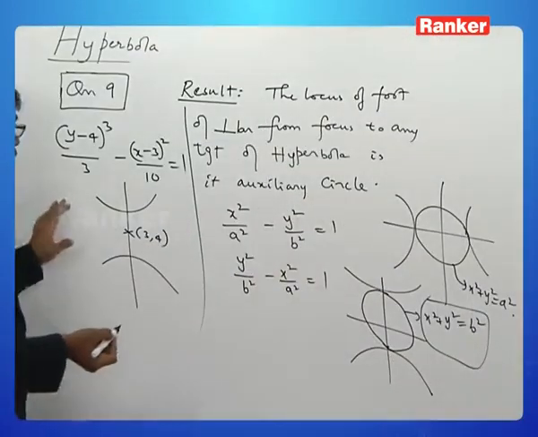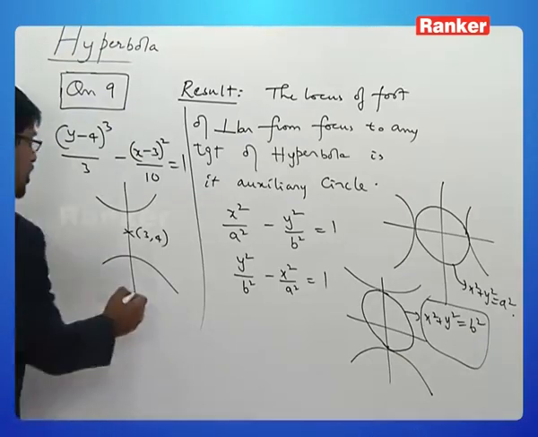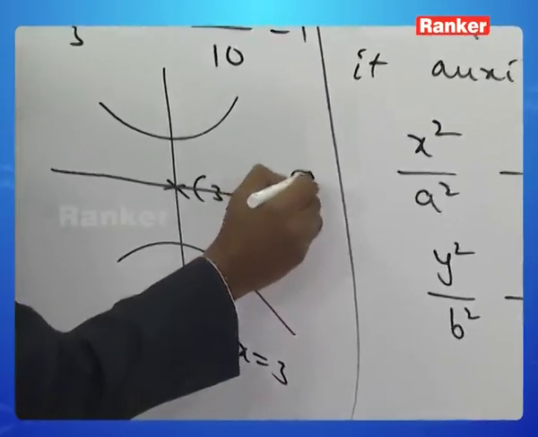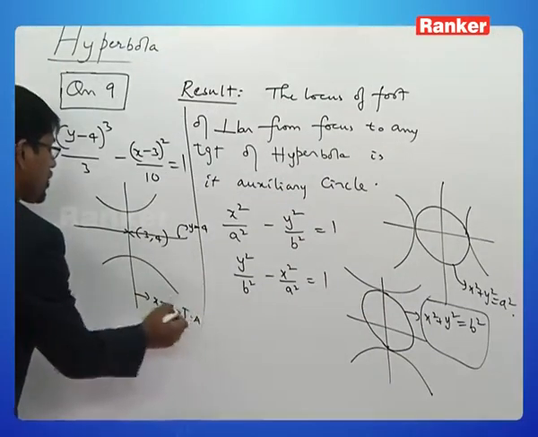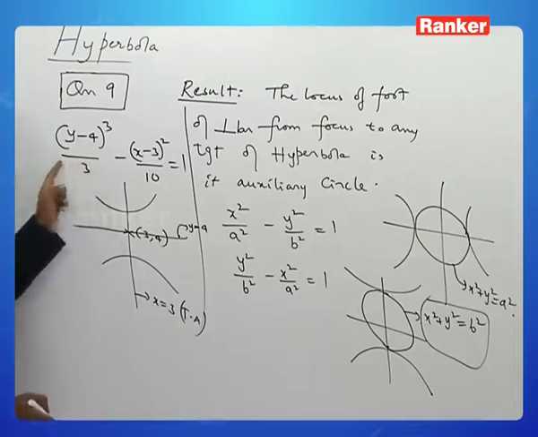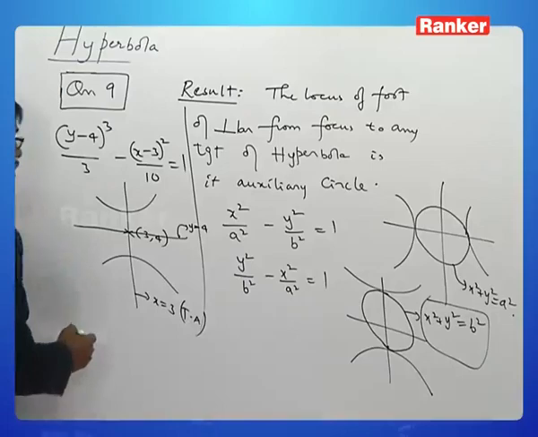The transverse axis would have been x equal to 3. The conjugate axis would have been the y equal to 4 line. This is the transverse axis. Semi-transverse axis square of that is equal to 3 here.